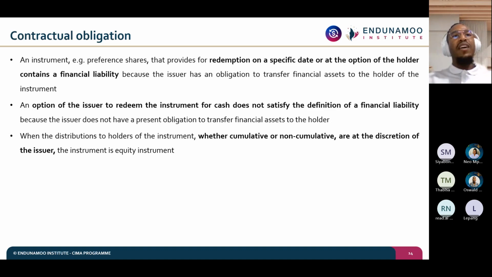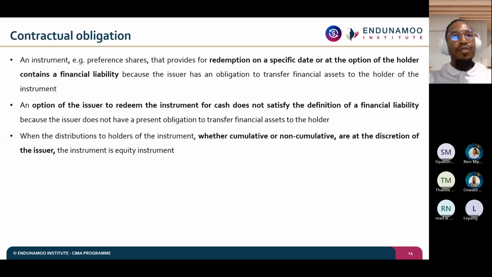Now, when there are distributions to holders of these instruments, whether they are cumulative or non-cumulative, and these are at the discretion of the issuer, yourself as the issuer, then the instrument is an equity instrument.